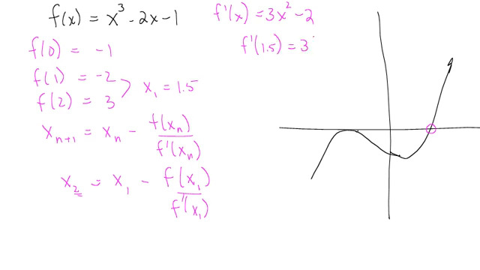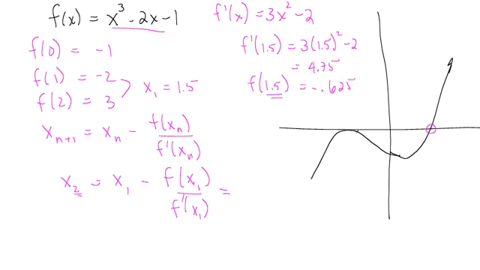I'm just going to plug 1.5 in here and evaluate it, and I get 4.75. I'm also going to evaluate my function at 1.5, which will be -0.625. So what I'm doing is taking my x value and plugging it in here.